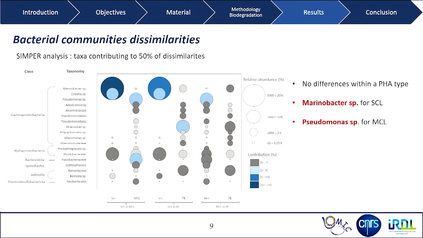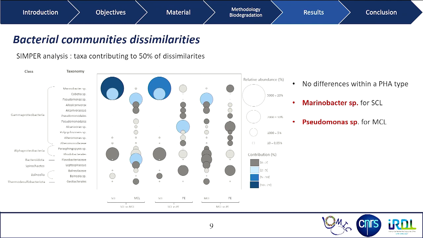Then we looked at the bacterial community composition. We performed a SIMPER analysis, which shows the taxa that explain 50% of the dissimilarities between 2 groups that we compared. So we compared the short chain and the medium chain, the short chain and the polyethylene, and the medium chain and the polyethylene.